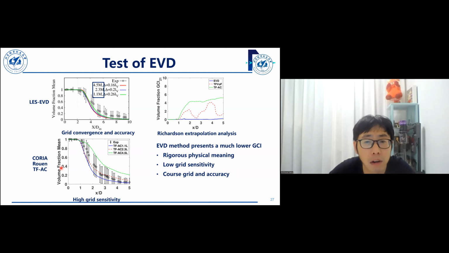But in our case, we see good convergence and accuracy. Then we do a Richardson extrapolation analysis. We see the EVD method presents a much lower GCI index, and we can conclude it has a rigorous physical meaning, low grid sensitivity, and coarse grid but accurate results.